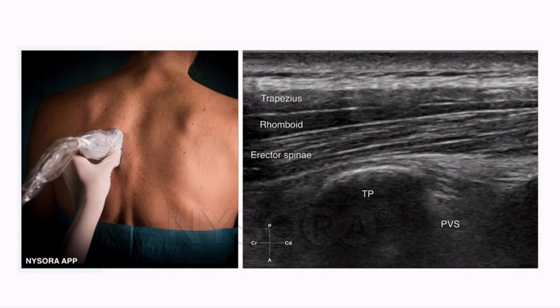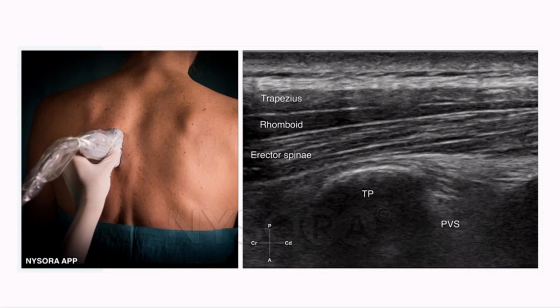Ideally, if you can make the patient sit up like this, you go from the posterior, put the probe in the center, find the spinous process, then go slightly laterally and find the transverse process. Just above the transverse process will be your erector spinae muscle.